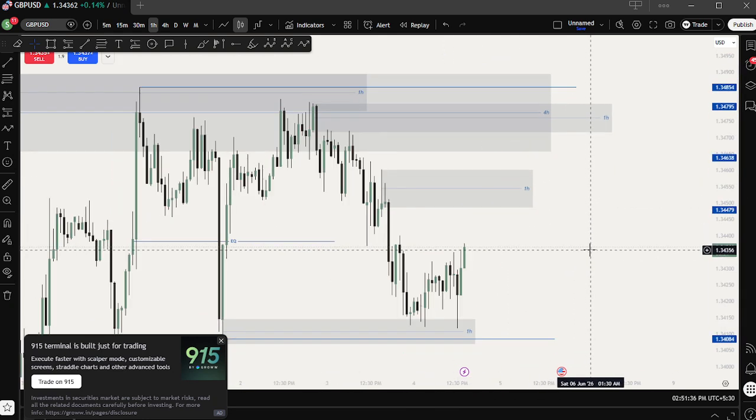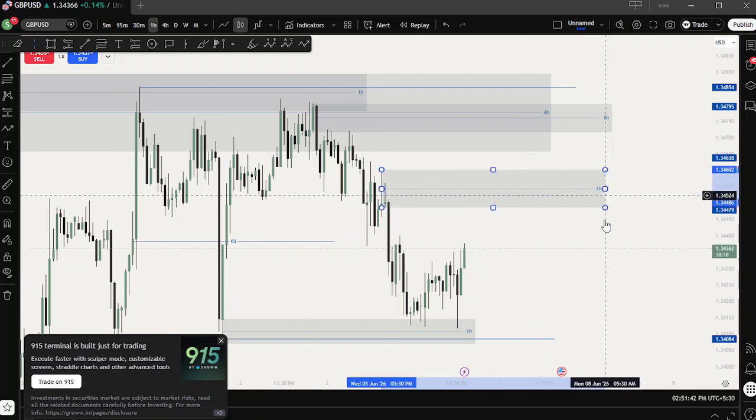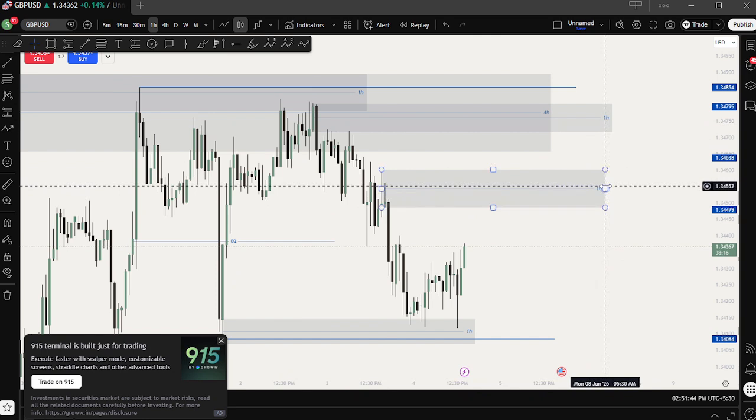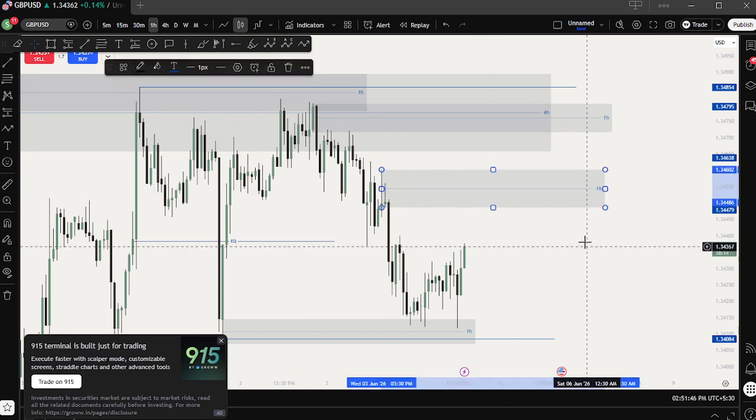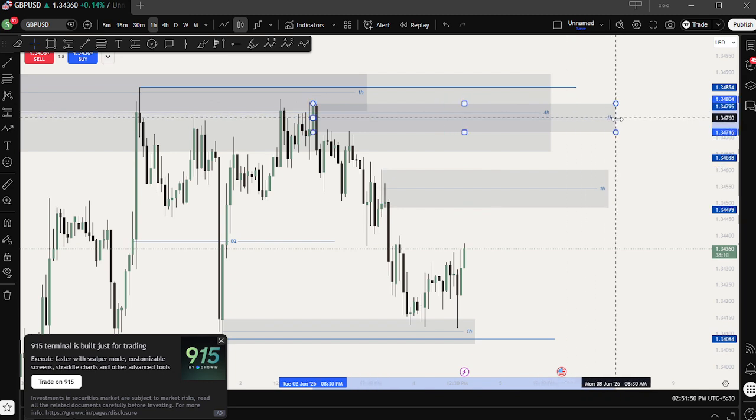For that I am not going to follow it. However, currently my goal is to take care of these two POIs. I don't want to sell directly at this POI while I can sell at this POI.